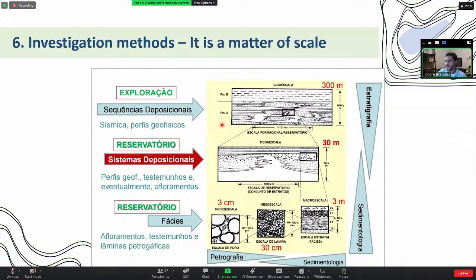When you go into reservoir and facies studies and thin sections, you're going to have different methods and different techniques, and all of them will combine into a more sophisticated model. But you have to know the limitations of your method and the goals of what you are trying to see with this method. So different goals are going to need different methods.